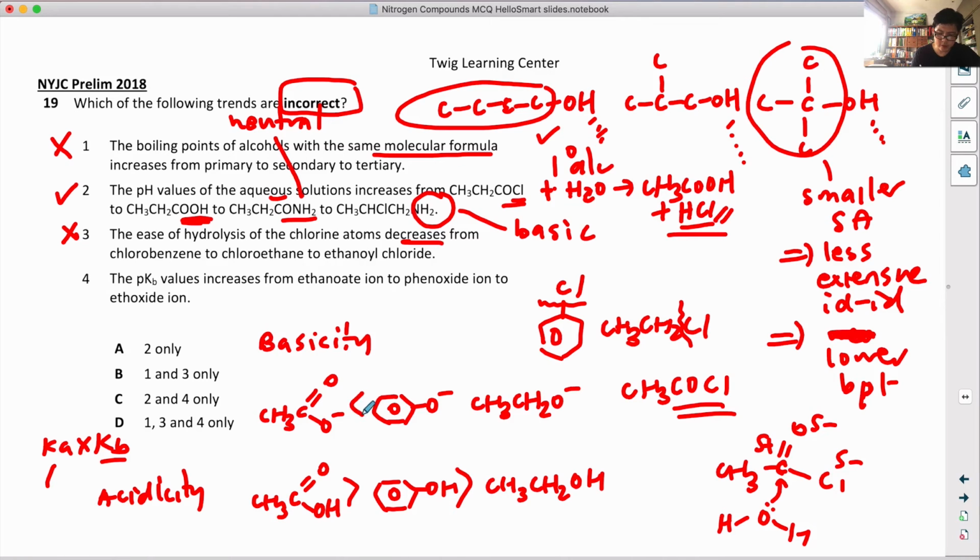So it'll be this way. In fact, this one here will be the strongest base. You see that? So let's see whether it's true. The pKb value increases, which means it becomes a weaker base.